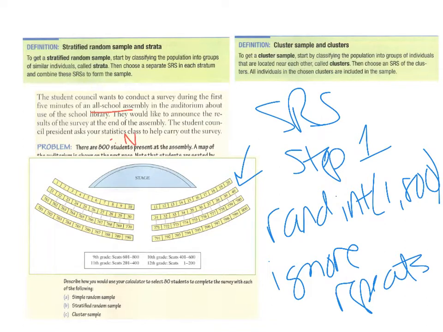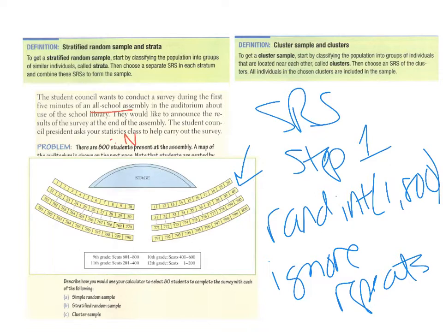I will not always write complete sentences on the screen, basically for legibility purposes, so you can read it, and because of what fits on the screen. In class, we will practice significantly with exactly what to say and how to say it. Okay, and so once we get 80 randomly generated seats without any repeats, we give the survey to all of them. So that's how we would do our SRS for this.